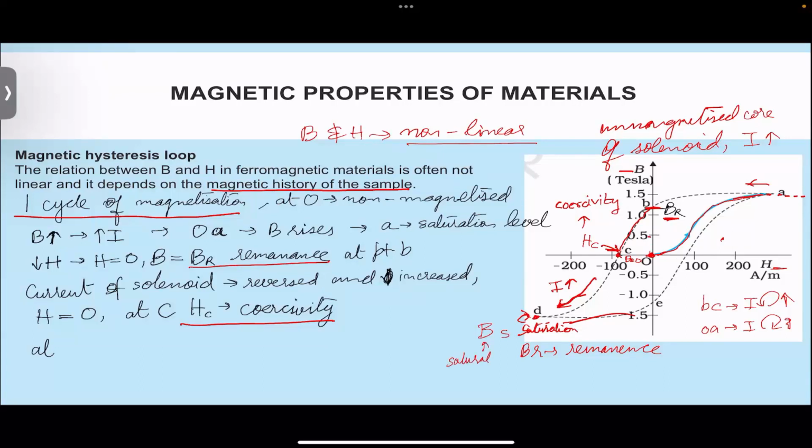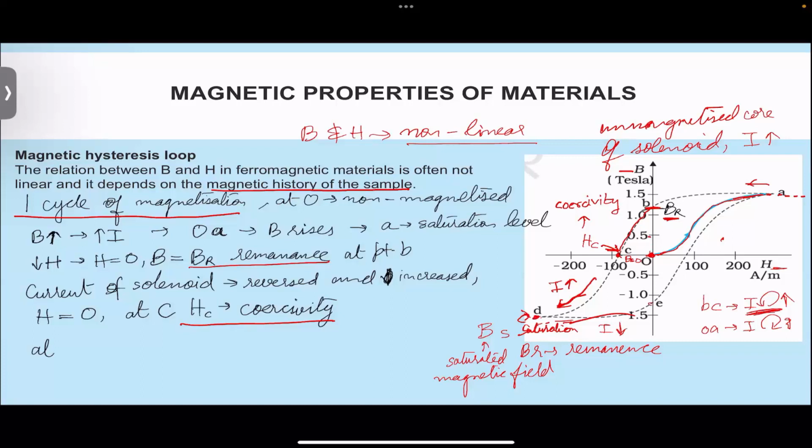Now the current is reduced from D to E. Your I is reduced from D to E, and it is still in this direction.